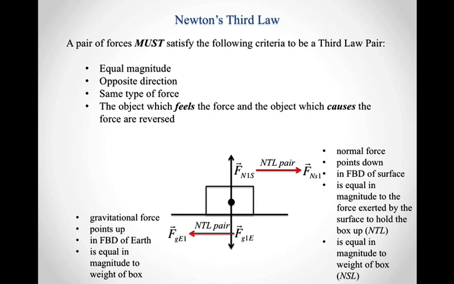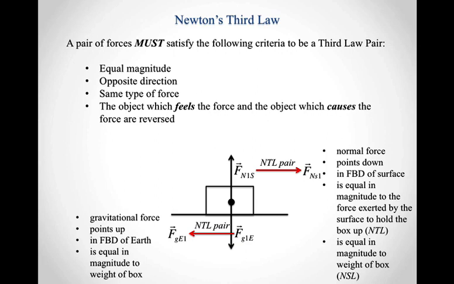So the Newton's third law pair for the normal on the box is how the box pushes down on the surface. That's also a normal force. That force would be located in the free body diagram of the surface. It's equal in magnitude to the force exerted on the box by the surface to hold the box up. That's my Newton's third law pair piece.